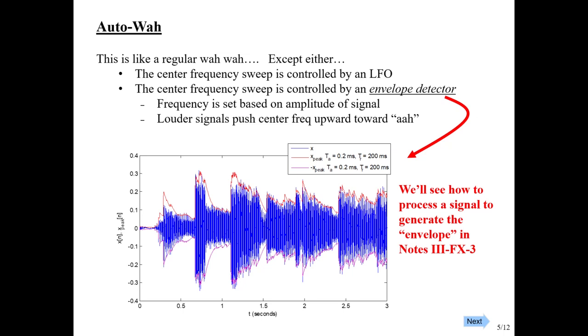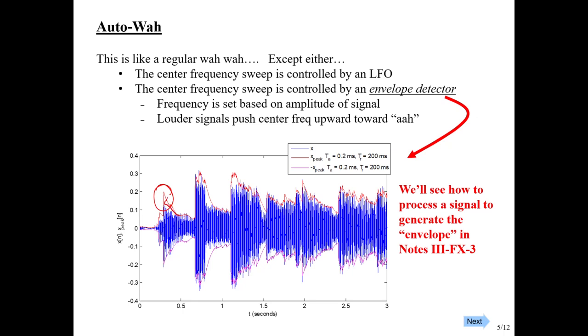The red curve on the top and the red curve on the bottom are exactly the same. These things will be clearer when we get into the next set of notes. Basically, the red curve is following the loudness of that music. It gets loud here at first, which is when I first picked a note.